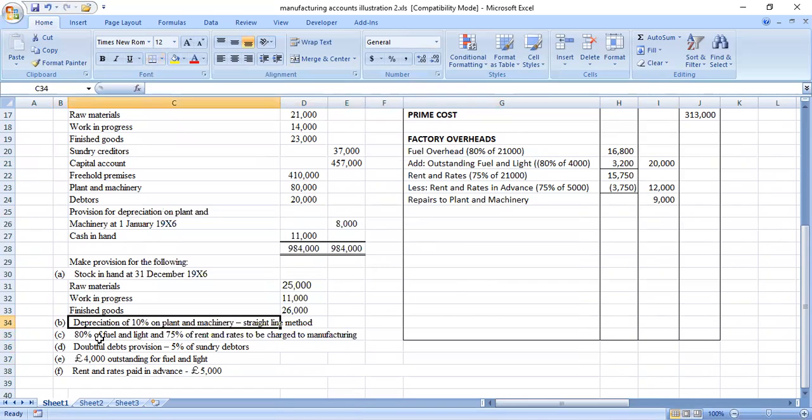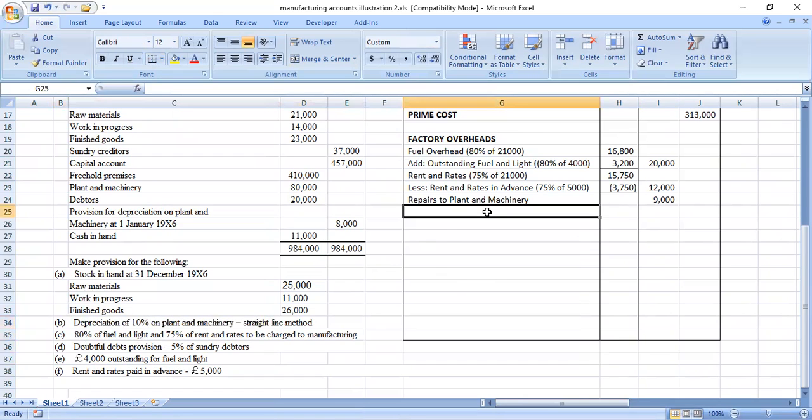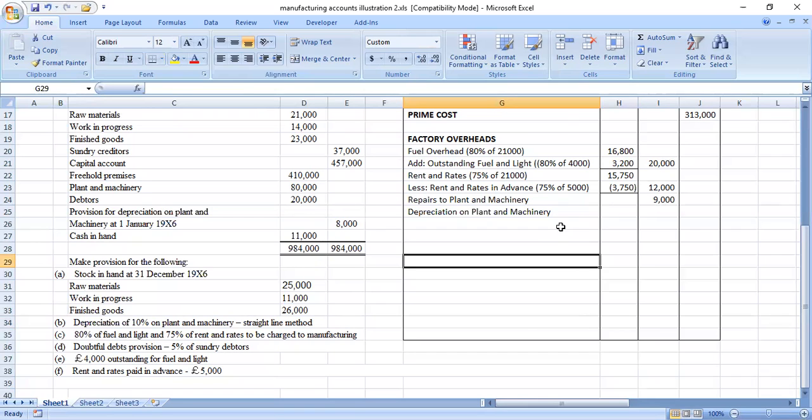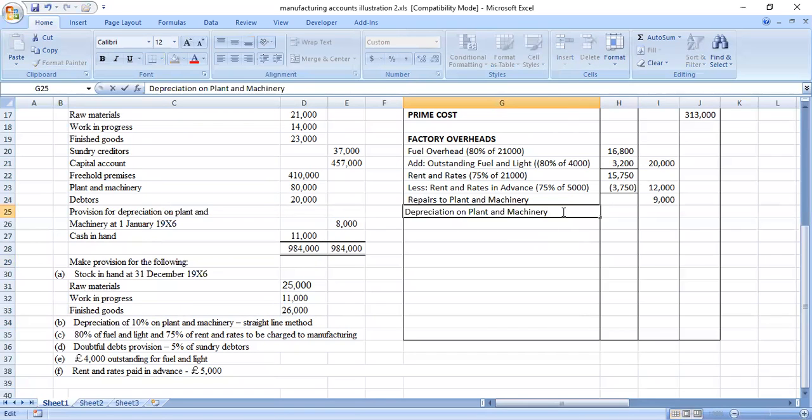lazima tuweke depreciation. It's a factory overhead, because it's a depreciation on the machinery that is used in the factory, isn't it? Yes. Yeah, depreciation on plant and machinery. And we've been told to take out depreciation at 10% straight line method. Please refer to Principles of Accounting 1, yeah? Yeah.